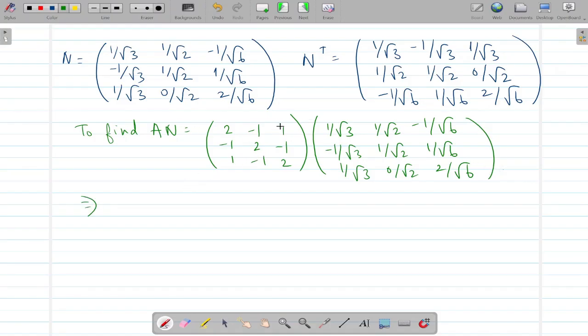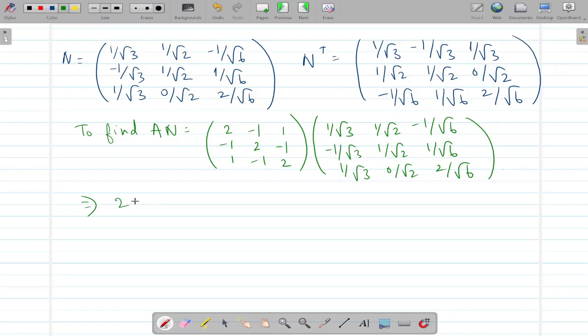You take the first row of matrix A, then you multiply with the first column, second column, then third column of matrix N. Then you take the second row of matrix A, multiply with the first, second, then third column of matrix N. Then you take the third row of matrix A and do the same. First you take the first element of the first row, multiply with the first element of the first column in matrix N. Then the second element with the second element, then the third element with the third element. Similarly, do for the second row and third row.